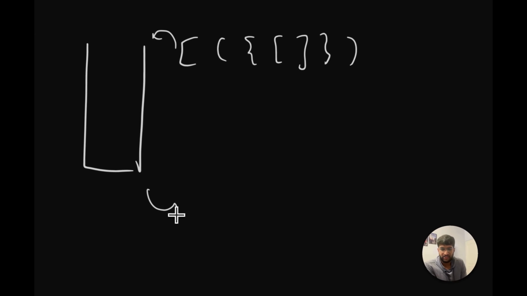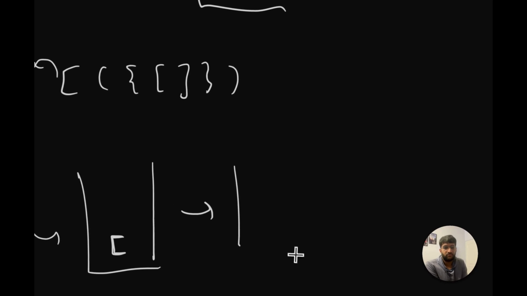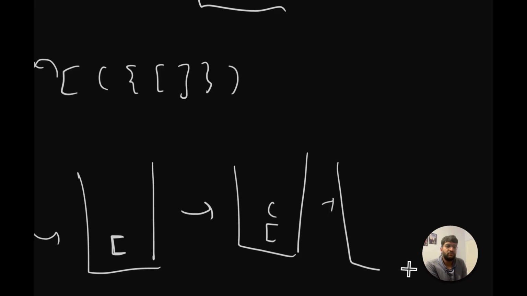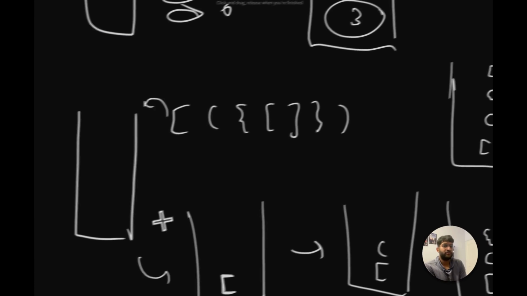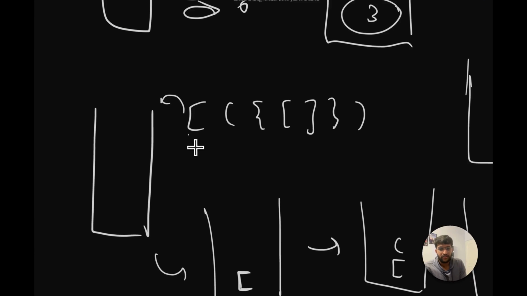First, the stack becomes square bracket. Then the stack becomes square bracket, round bracket. Then it becomes square bracket, round bracket, flower bracket. Then it becomes square bracket, round bracket, flower bracket, square bracket. So we have 4 items at this point.